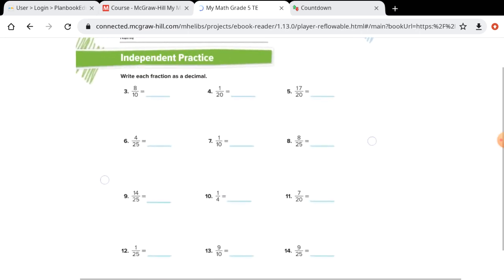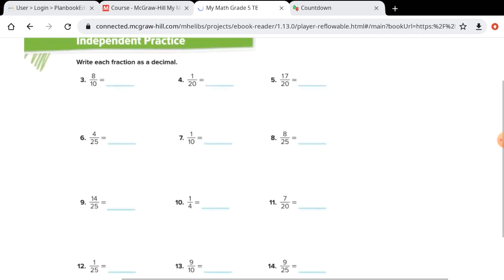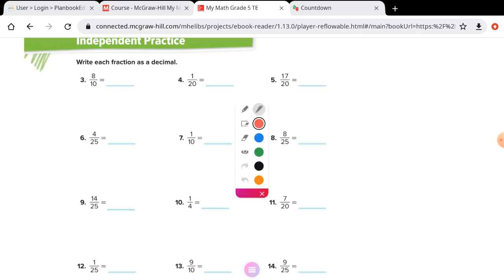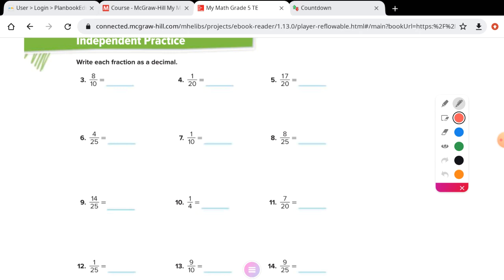Let's go to number 3. And again, our focus should be at the denominator. Why do we like number 3? Why do we like that one, Hutley? Because they can both be divided by 2. Well, they can both be divided by 2, but if I'm trying to write that fraction as a decimal, do I want to divide them both by 2?